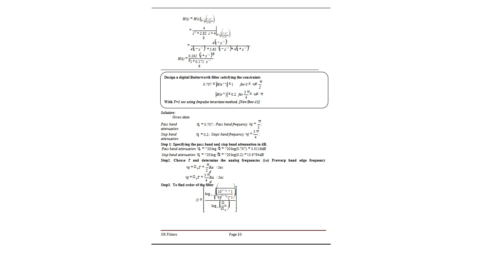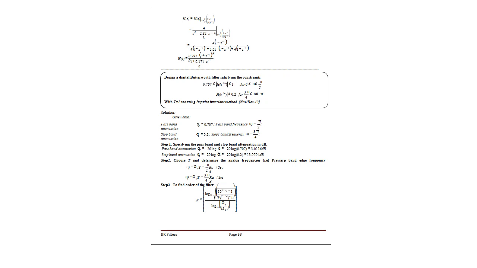Okay. The next question is, design the digital Butterworth filter satisfying the constraints, with 0.707 and so on, this question will be given, with T equal to 1 second, once again using the impulse invariant method. So first we have to write down the given data, that is, passband attenuation, passband frequency, stopband attenuation and stopband frequency.